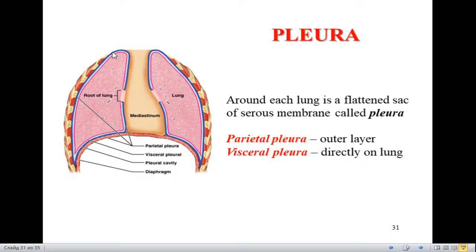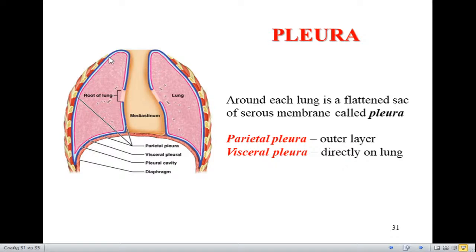The parietal pleura is closely connected with the walls of the thoracic cavity, and if we look in microscopy, we will see small pores, small foramens, which absorb the serous fluid into the lymph capillaries.